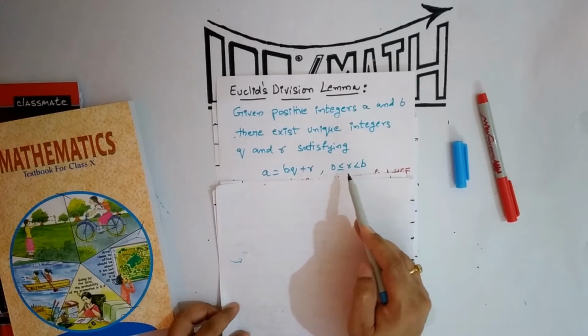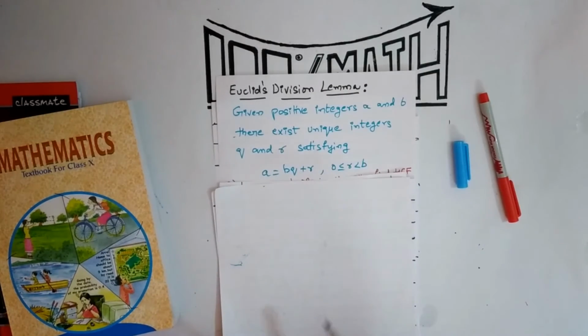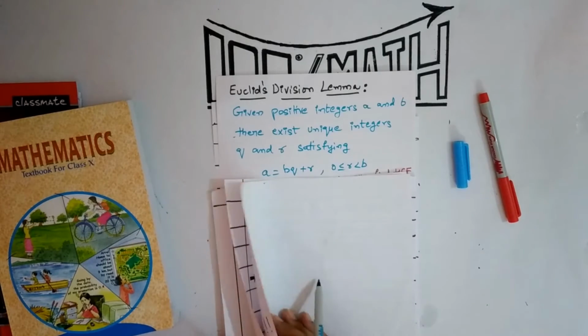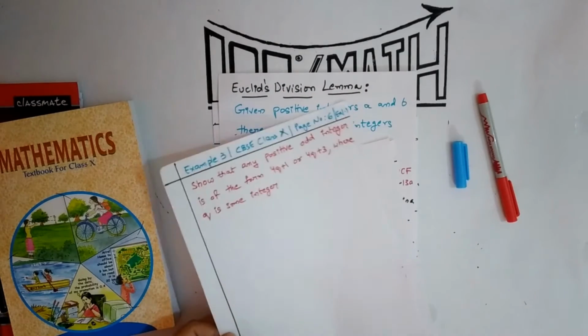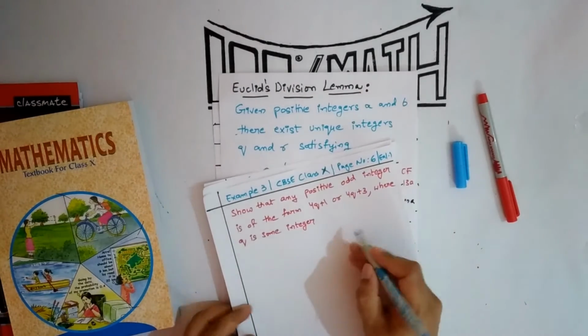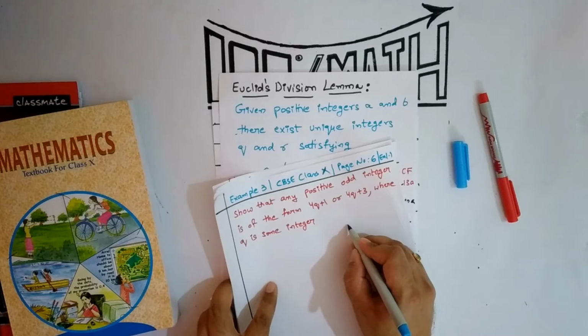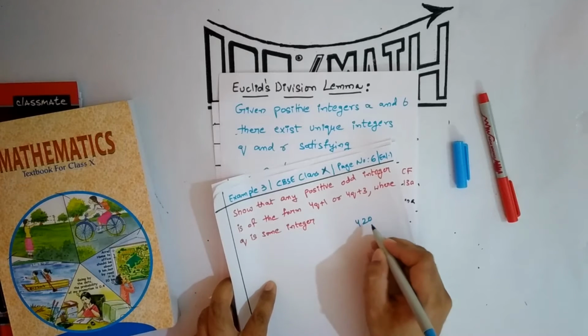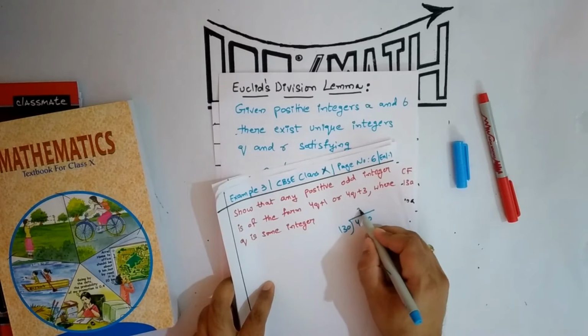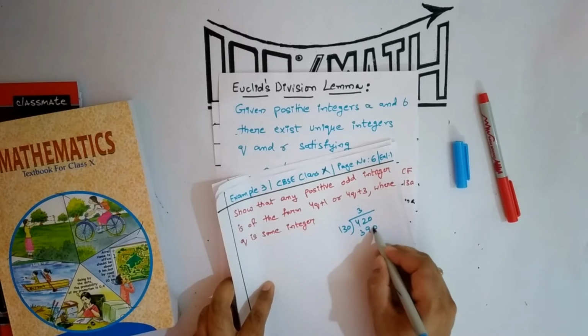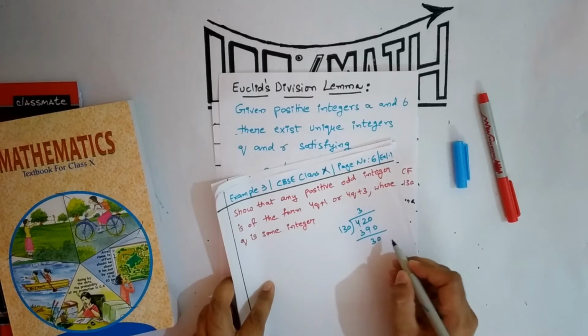Okay, let's pause here for a moment and try to understand this statement properly before going any further, because it is very important. So what we were trying to do, we were trying to find the HCF of two numbers, 420 and 130. 130 times 3 is 390 and the remainder is 30.